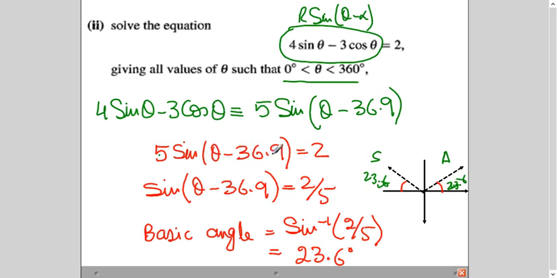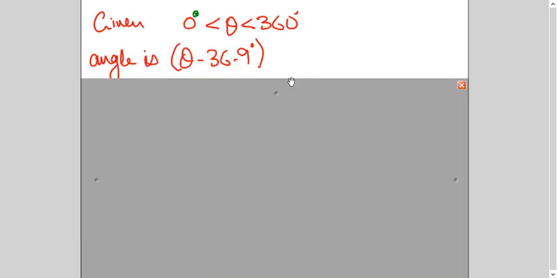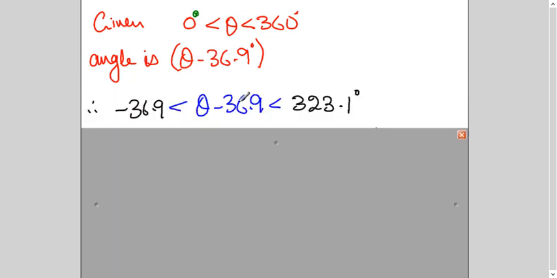Whenever this is with plus or minus or multiplication, it changes the domain of the theta basically. So I will make theta as theta minus 36.9, right? So I will subtract 36.9 from everywhere. So 0 minus 36.9 is minus 36.9. 360 minus 36.9 is 323.1.